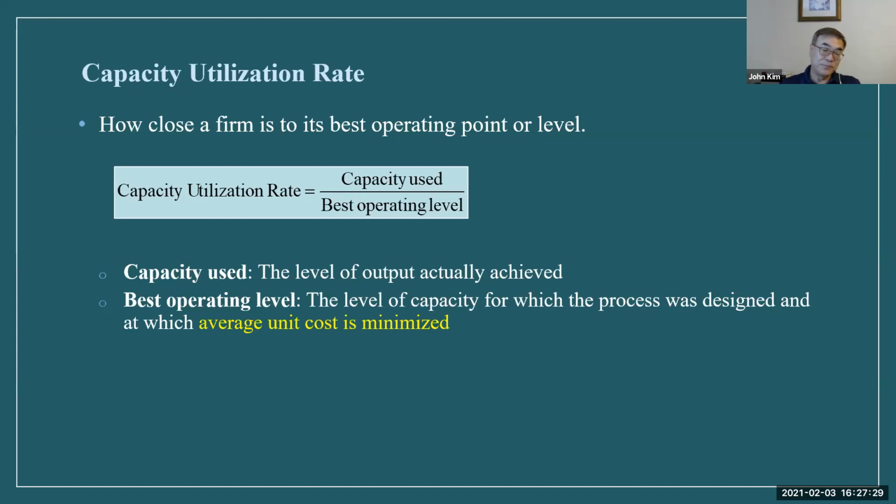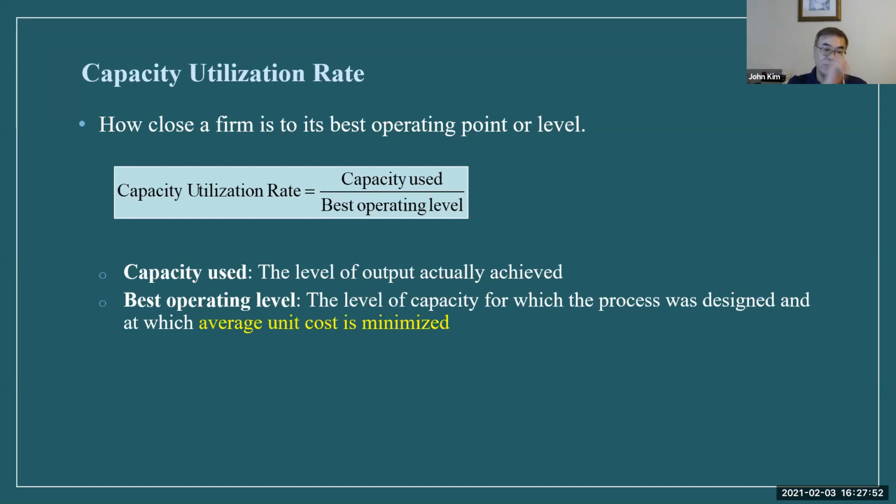And if it is a service system, using more human personnel, then about 70% of maximum capacity is the best operating level.